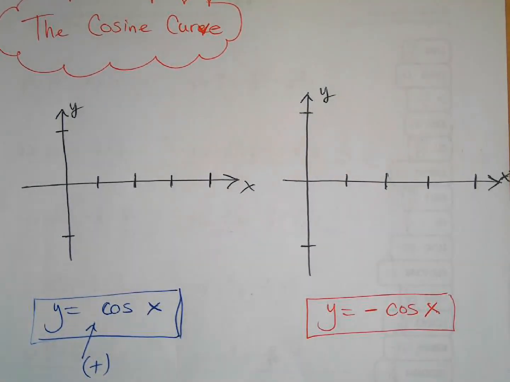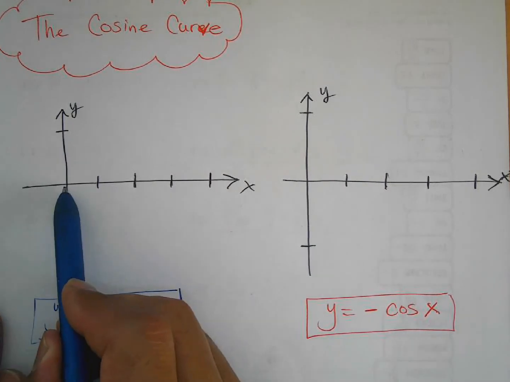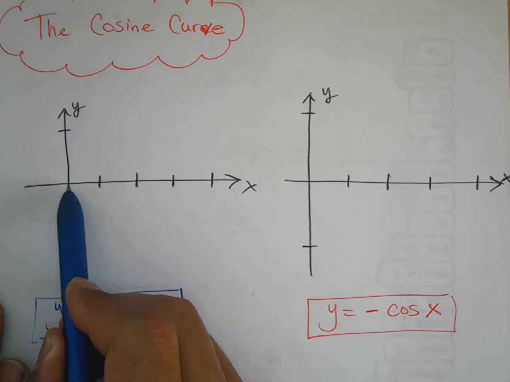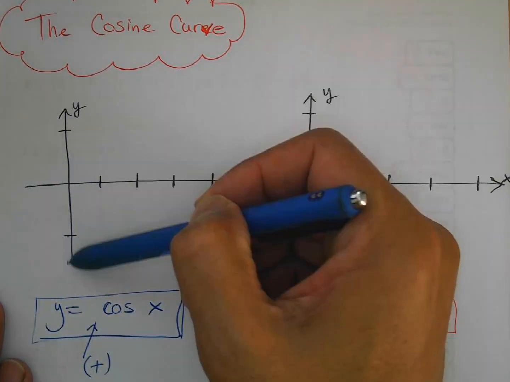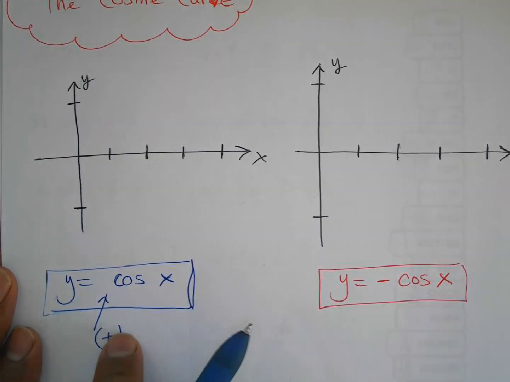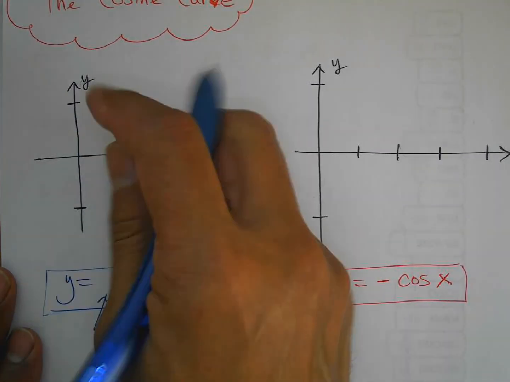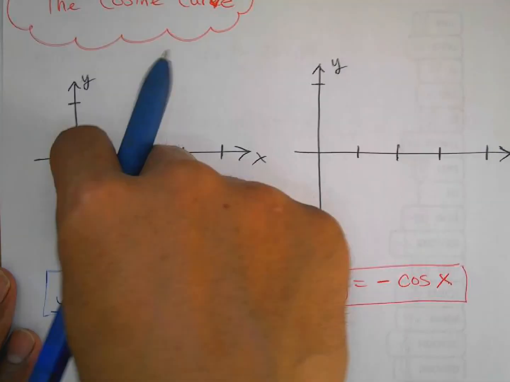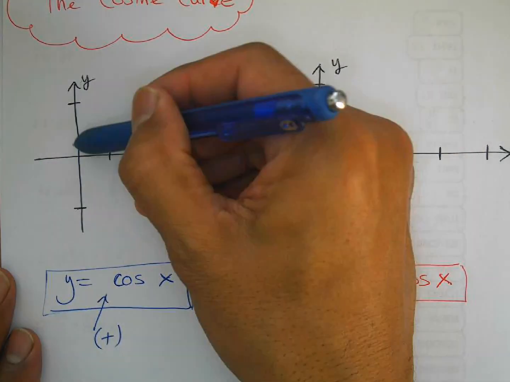The positive cosine curve does not start at (0, 0). That's how I know it's not a sine. Only the sine starts there. Cosine's going to start on the y-axis. So guess what? If it's positive, where's the positive on the y-axis? The upper half of the numbers or the lower half of the numbers? Well, up here.